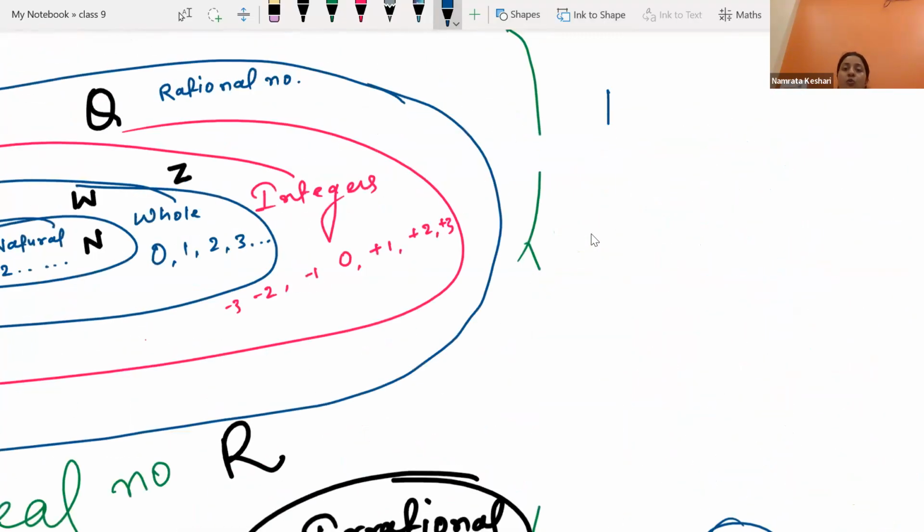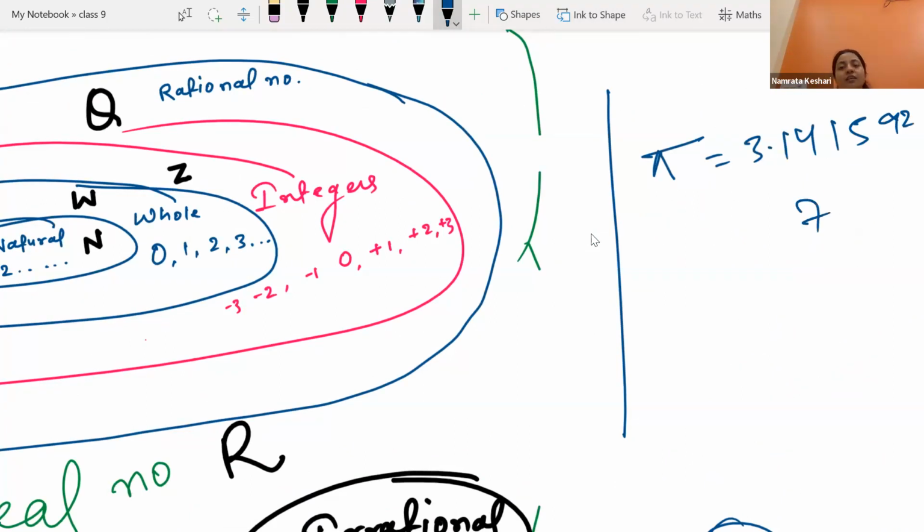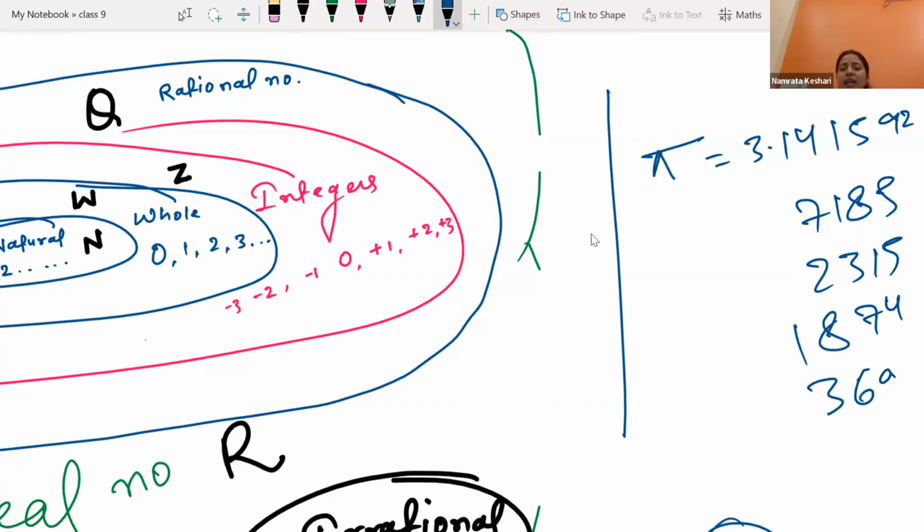When you ask Google what is the value of pi, Google will say 3.1415927185231874. Random digits will keep on coming without any proper repetition. Pi is irrational. Is it clear? Yes, ma'am.